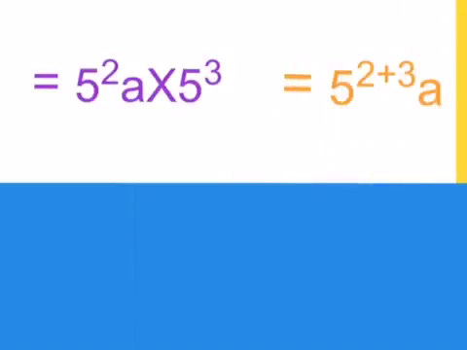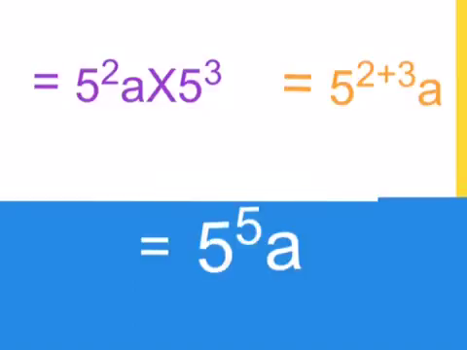Next we did 5 squared times 5 to the power of 3. Like we did before, when we multiply, we add the power, so it becomes 5 to the power of 2 plus 3 times a, and the final answer should be 5 to the power of 5a.